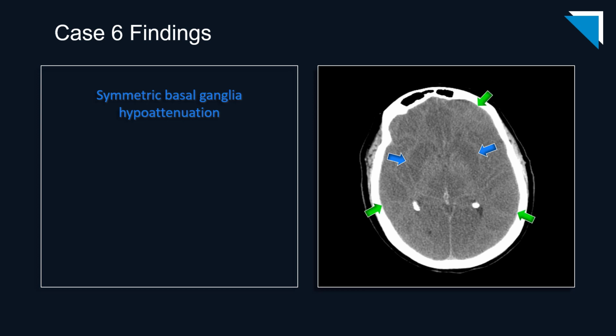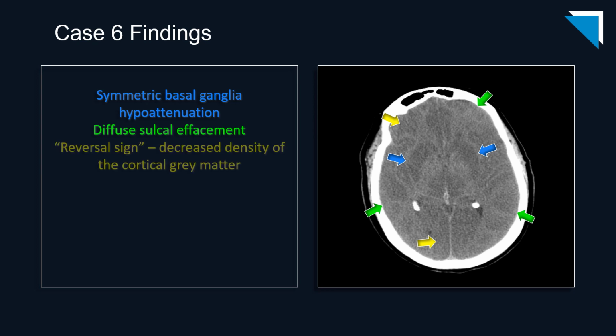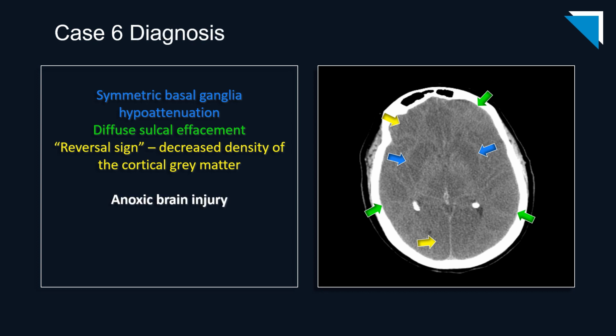Diffuse sulcal effacement, recall the patient is 61 years old. And in this case, the impressive reversal of gray and white matter attenuation. In this case of anoxic brain injury.